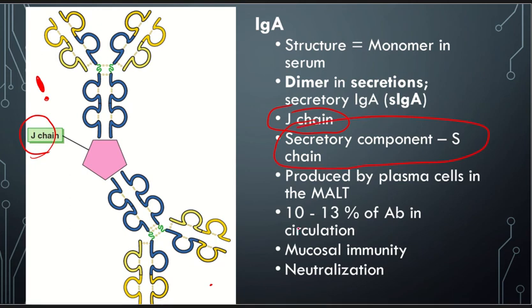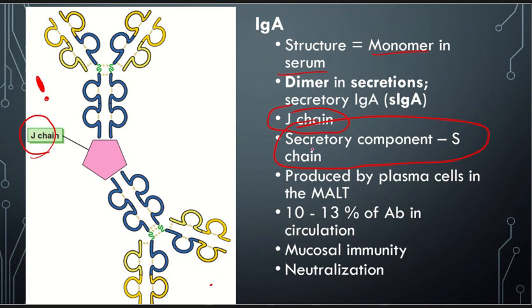Like the others, it can be a monomer when it's in the serum, but a lot of times you'll find IgA more in the secretions along the linings of mucous membranes. And our mucous membranes are pretty much going to be found in our gastrointestinal tract, our genitourinary tract, and our respiratory tract.